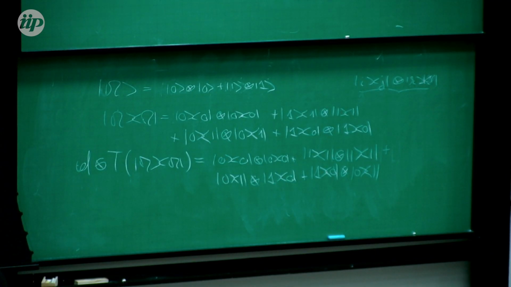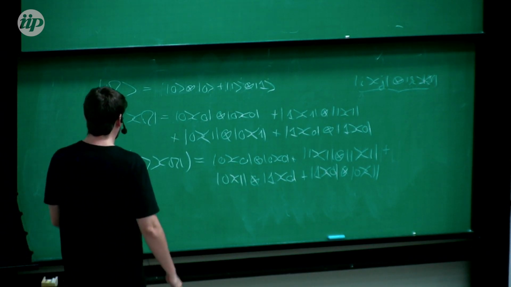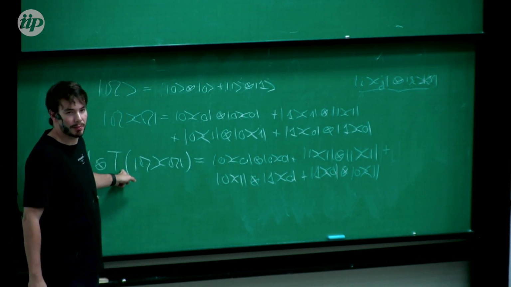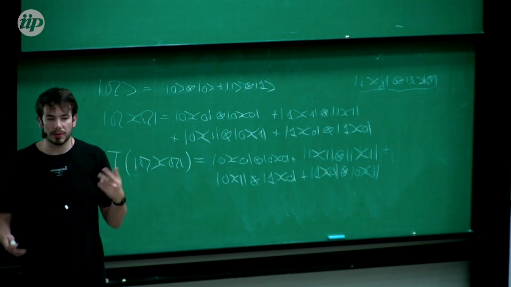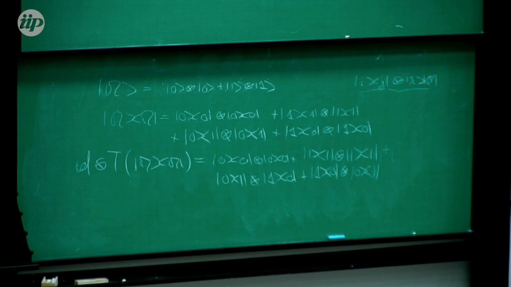So the question is, what is the adjoint of this map? Yes, it's self-adjoint. Once you do the Hilbert-Schmidt... Oh no, it's a linear map.